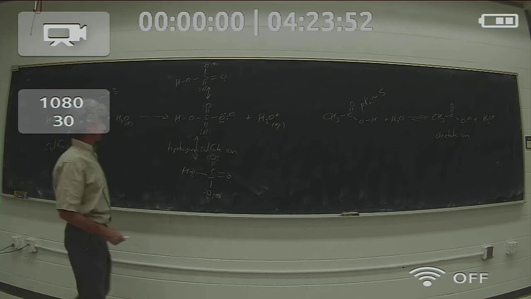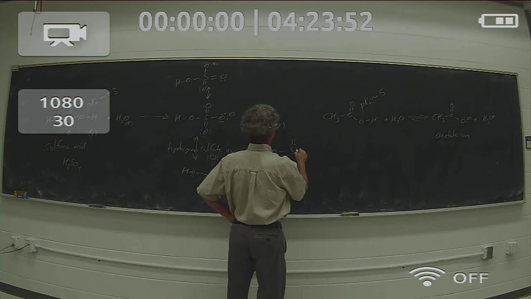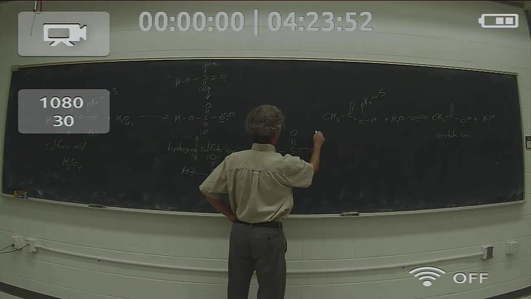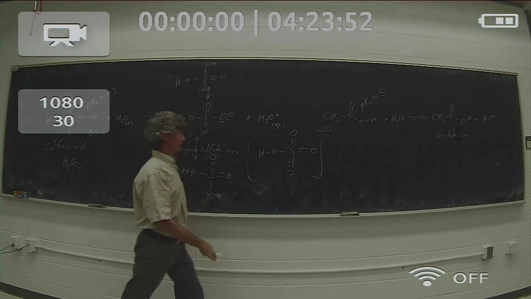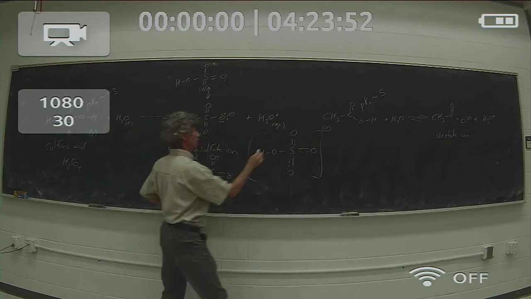We could, in fact, if we wanted to, have written that as a resonance hybrid. It shows that we have a partial pi bond to each of those 3 oxygens.